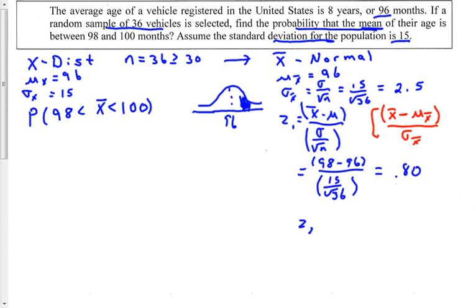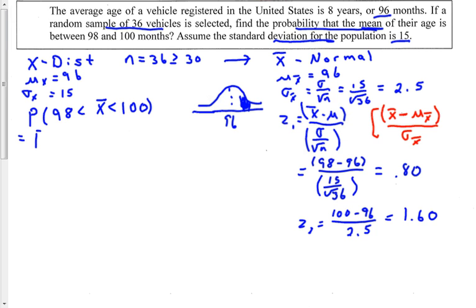For the second one, same techniques. 100 minus 96 over, and I'm going to use that concept of the 2.5 standard deviation of the sampling distribution, and that's 1.60. So those are our two z-scores.